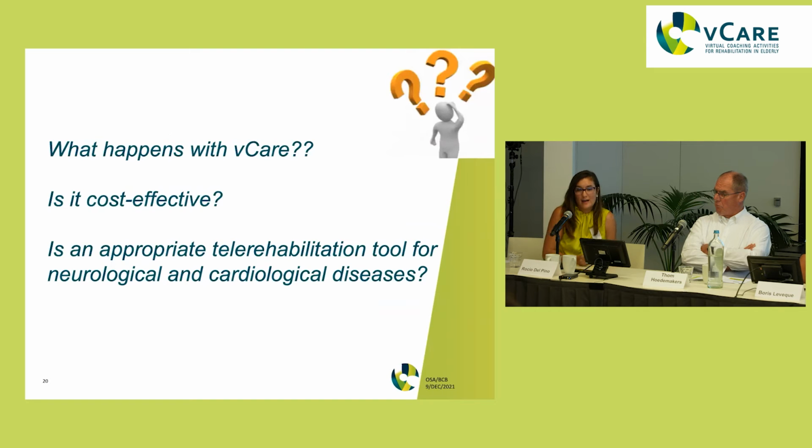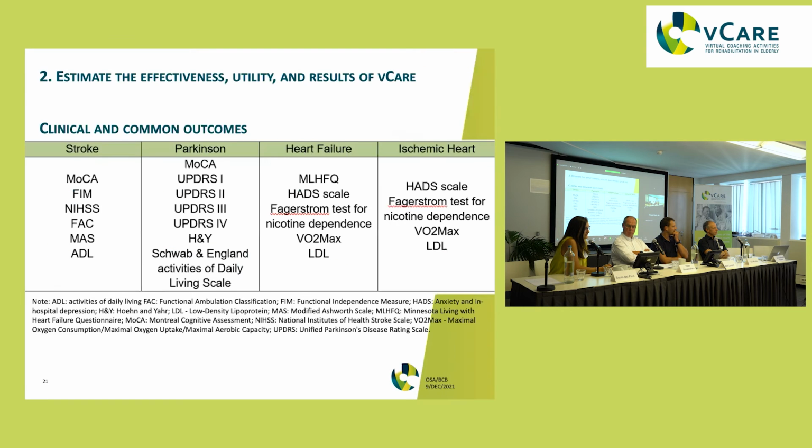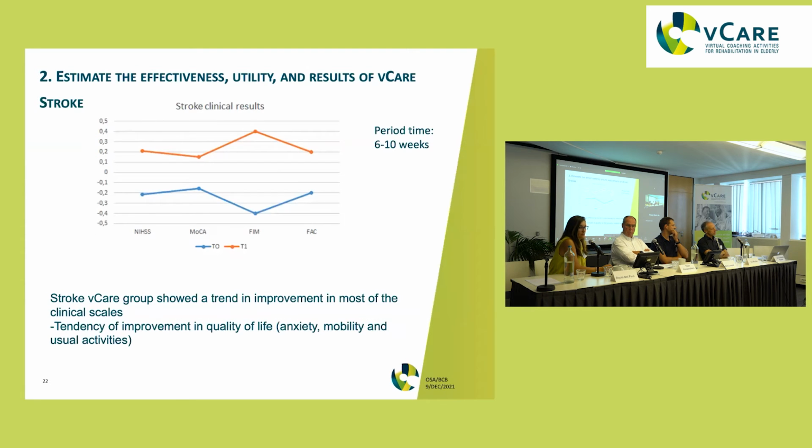So now what happens with vCare? Is it cost effective? Is it an appropriate telerehabilitation tool for neurological and cardiological diseases? Let's see, and after that you can make your own conclusions. So these are the clinical and common outcomes that we have measured for the 4 pathologies, and here are the results for each pathology.